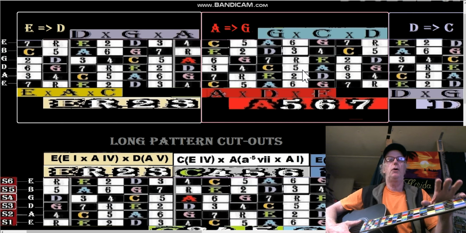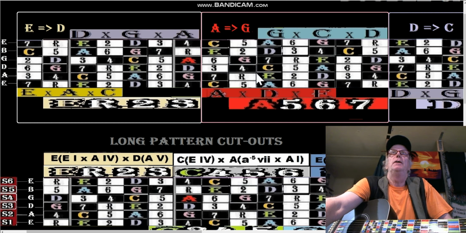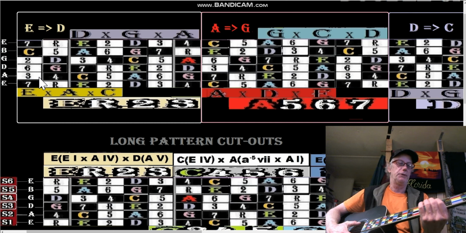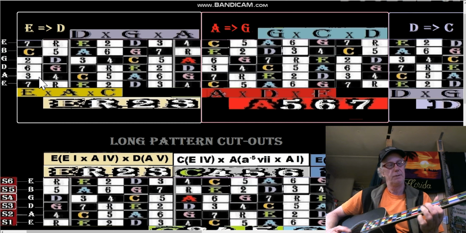All right, so in long patterns, it's different, but unless we're doing diatonic, we're pretty much just going to start the long pattern down here, root 2, 3 there. Instead of root 2, 3 in the normal E shape, say we're doing it in E, root 2, 3, 5, 6, root 2, 3, 5, 6, root 2.